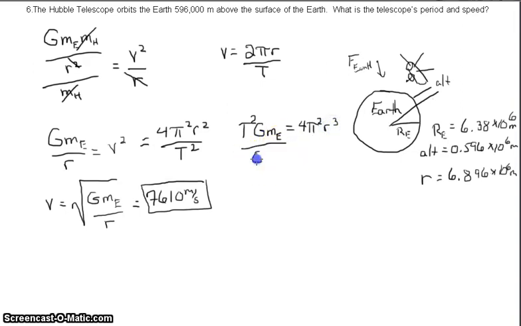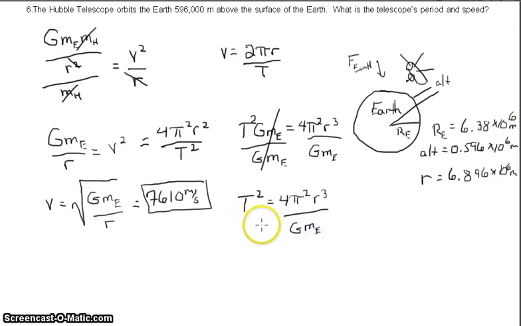Okay, to get T squared by itself, we divide by capital G, the gravitational constant. These two will divide out here. We're left with T squared is equal to 4 pi squared r cubed divided by G times the mass of the Earth.